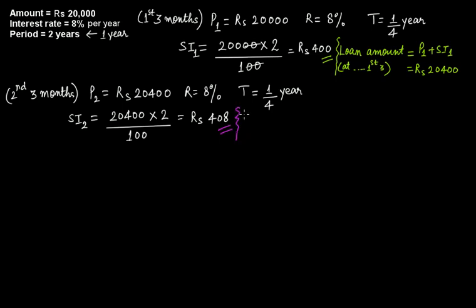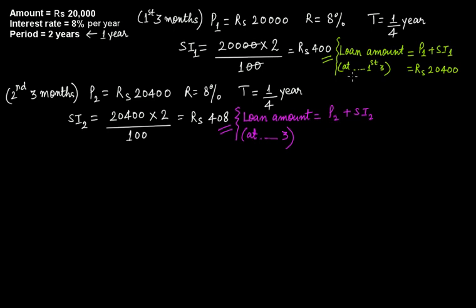So tell me, what is the loan amount at the end of the second 3 months, for the second period of 3 months? That is equal to P2 plus SI2. Now, what is P2?